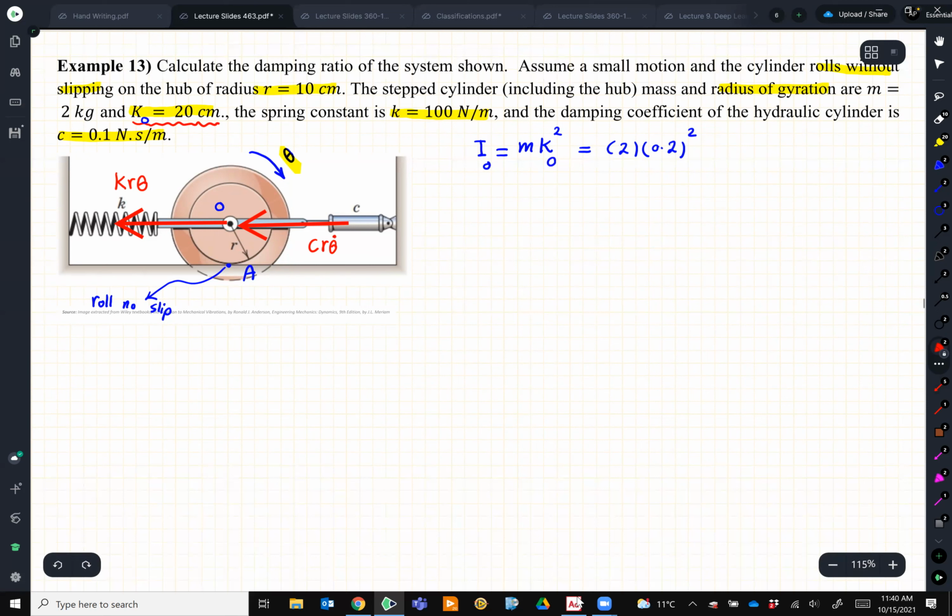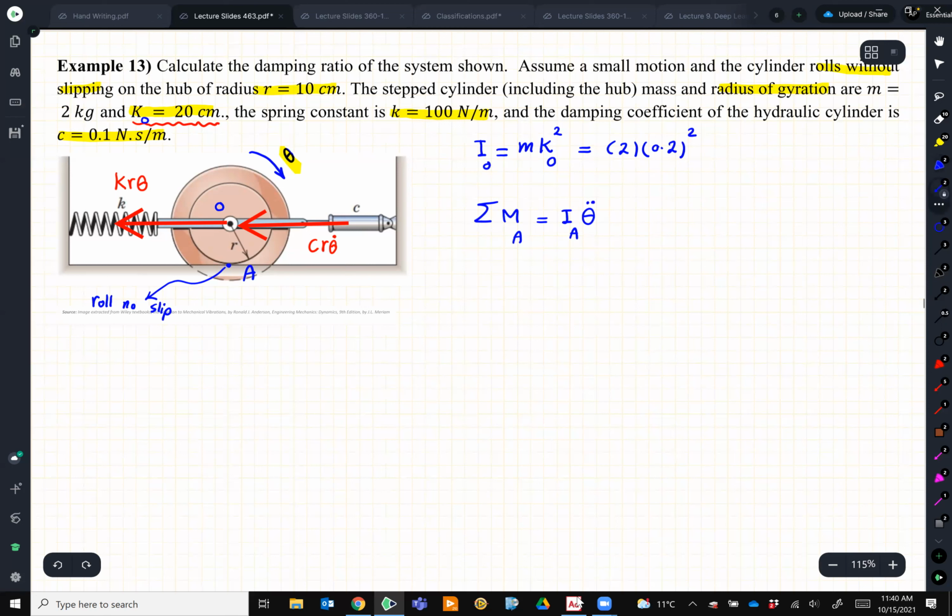Okay, so now that I have my free body diagram, I can write down the sum of the moments about point A is equal to I_A theta double dot, right? The Euler law. And what about point A?